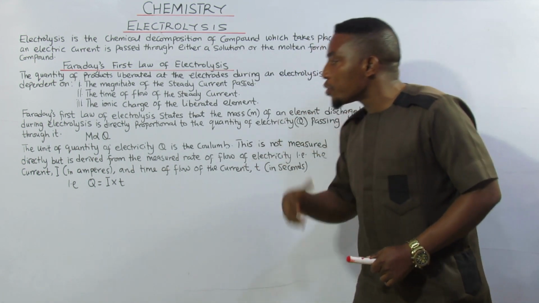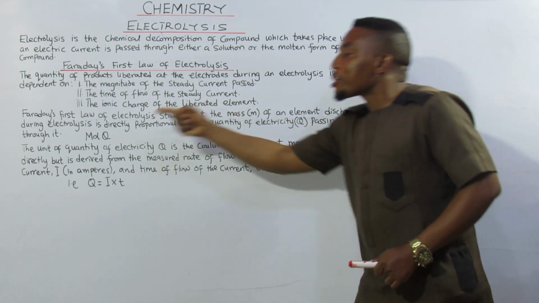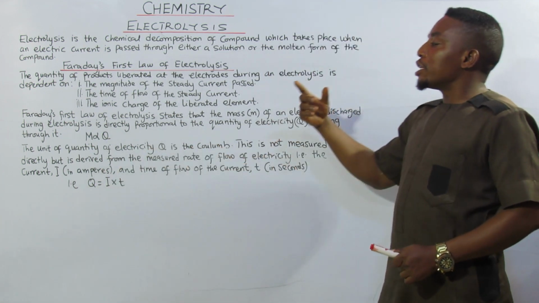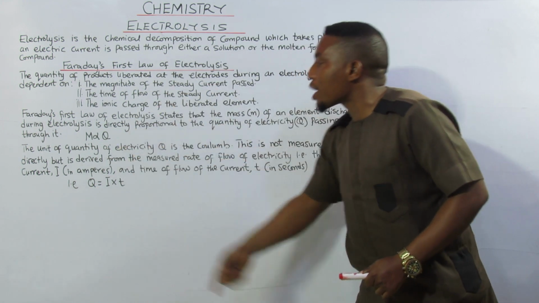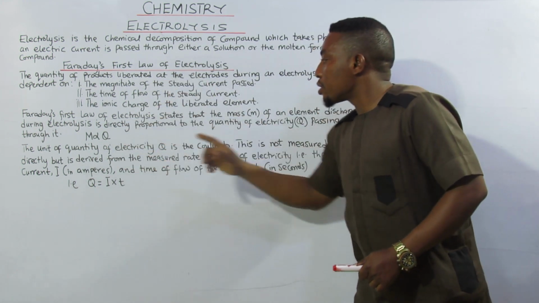And also you know that the quantity of electricity is not derived directly, because here we're supposed to have current, but instead it is derived. So that's why we have that Q is equal to current times time.